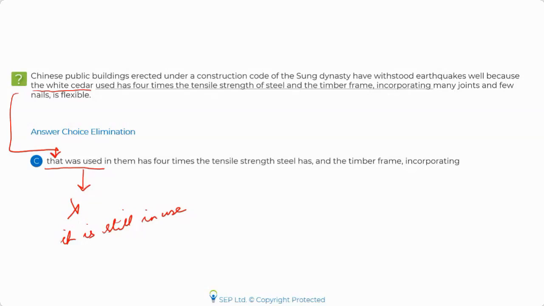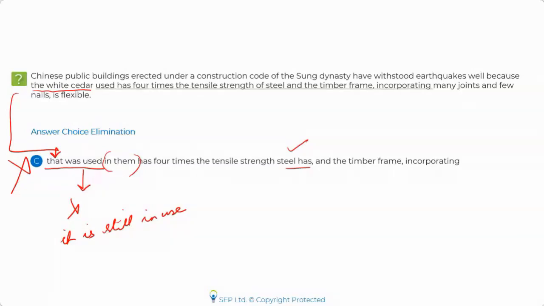It is still in use. Therefore, saying was used is incorrect. Again, in them may not be there. There has 4 times the tensile strength steel has, because the of is not there, so this has is fine. And the timber frame incorporating is fine. But C is incorrect because of that was used. So that was the reason why C was incorrect, guys.